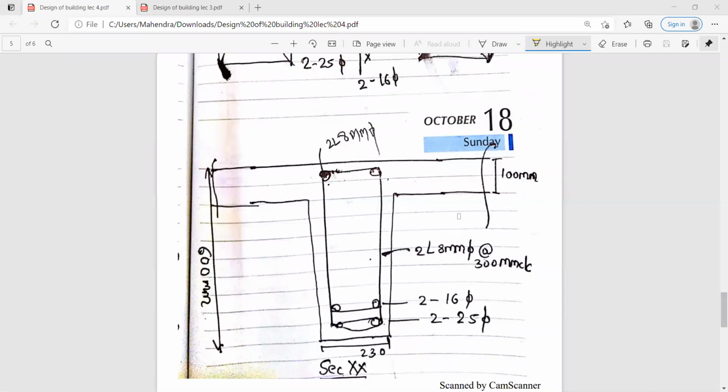After completing, let me know. Yes, done up till here. Okay.